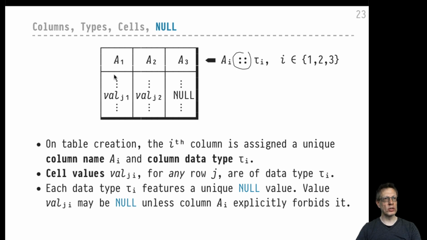All right, so we are talking about typed tables in this particular data model. Some of these values might be null. Null means that this particular instance of the table has no specific value for this particular cell.